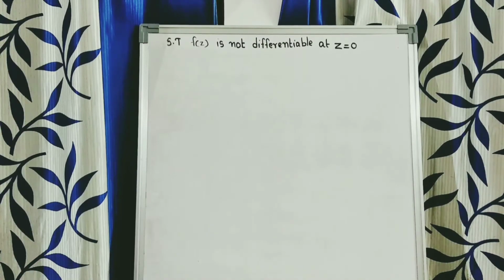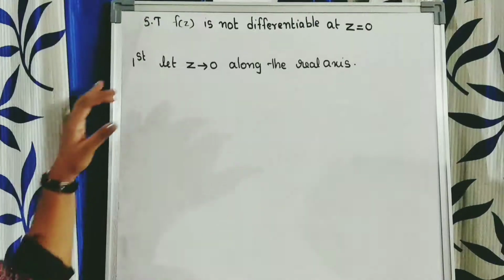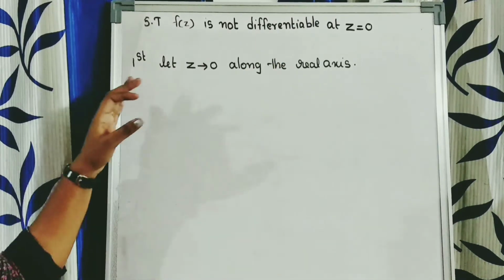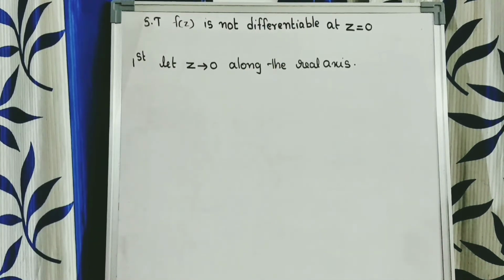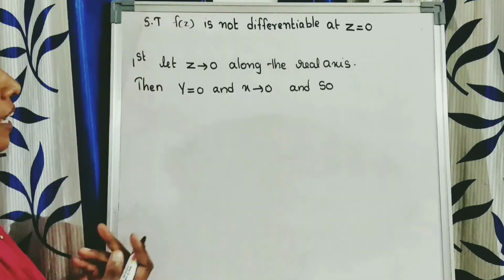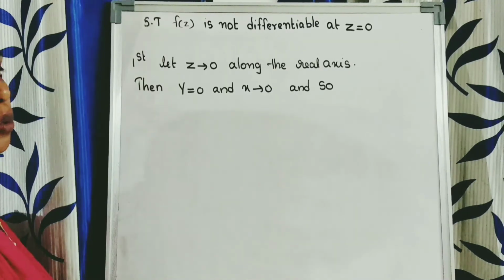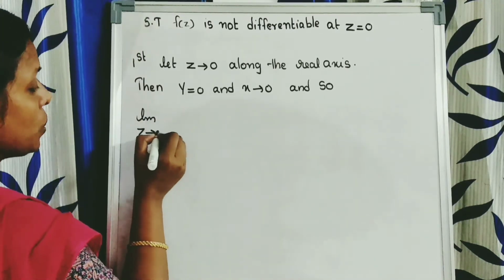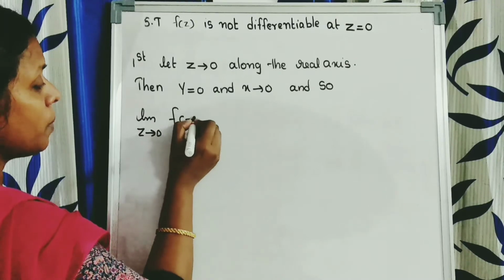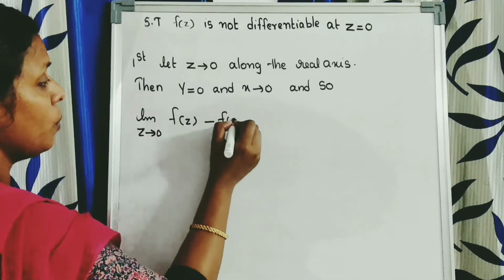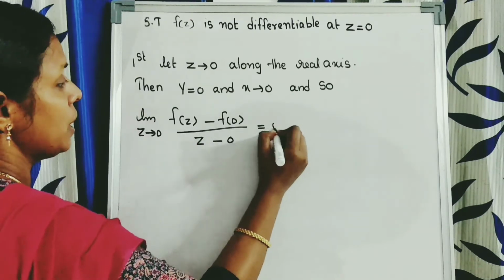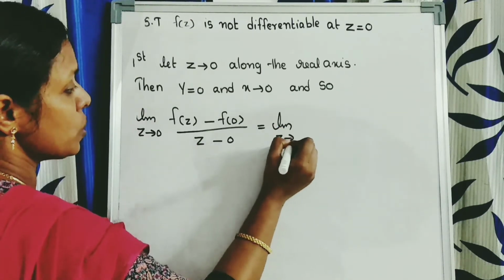Next we have to show that f of z is not differentiable at z equal to 0. First let z tend to 0 along the real axis. Then y is equal to 0 and x tends to 0, and so limit z tends to 0 of (f of z minus f of 0) divided by (z minus 0) is equal to the limit as z tends to 0.